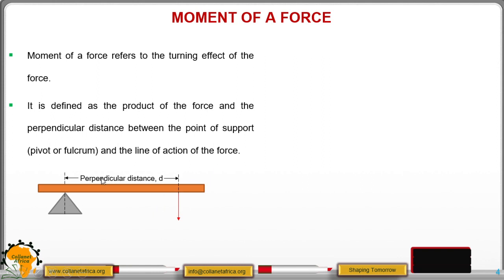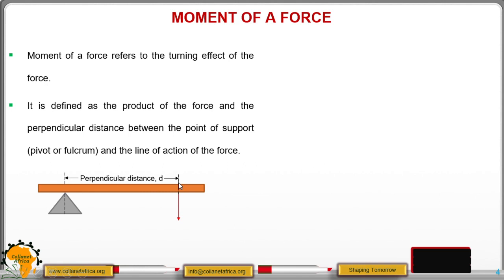So this is now the perpendicular distance. This is the line of action of this force, this direction. And then the perpendicular distance from this line to the point of support is this.